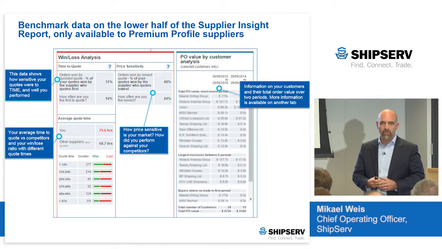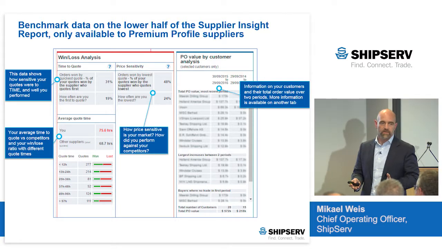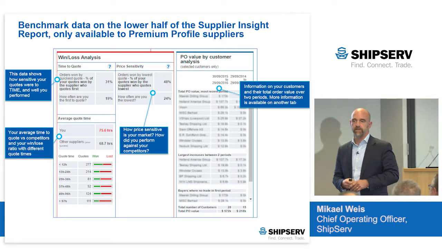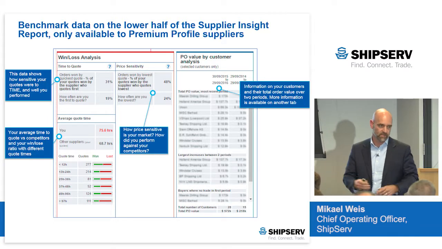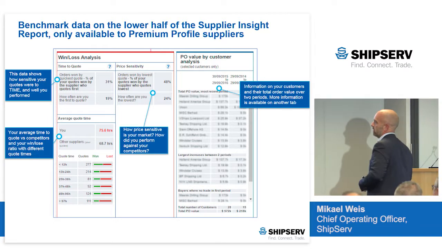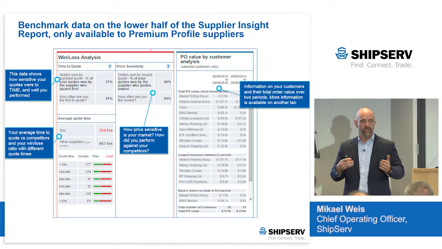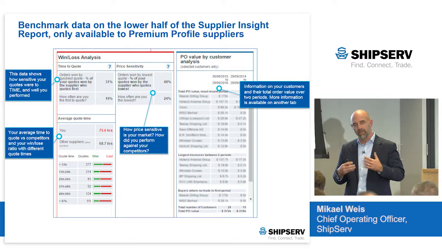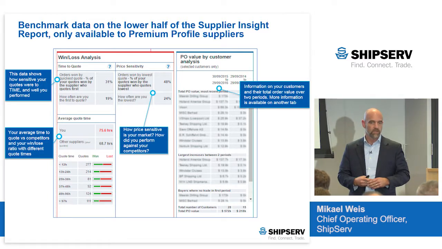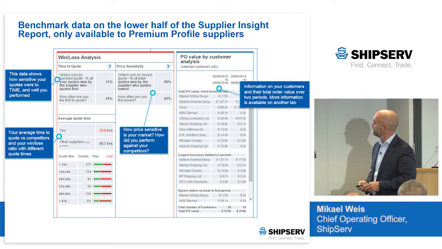Perhaps you need to quote faster if you think that is true. Do you think the price is the most important factor? Then you need to be competitive, of course. Perhaps it's a combination. It probably is, but at least you get a very quick way of being informed about how you're doing compared to the average, and perhaps that gives you some ways to see if there's something that you need to clean up in your organization.